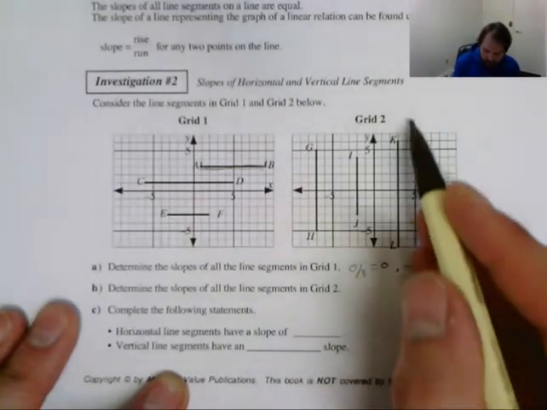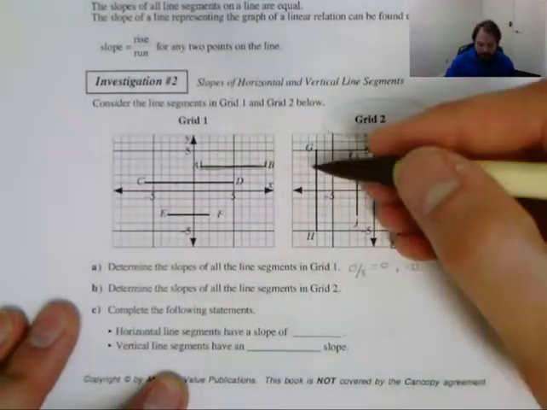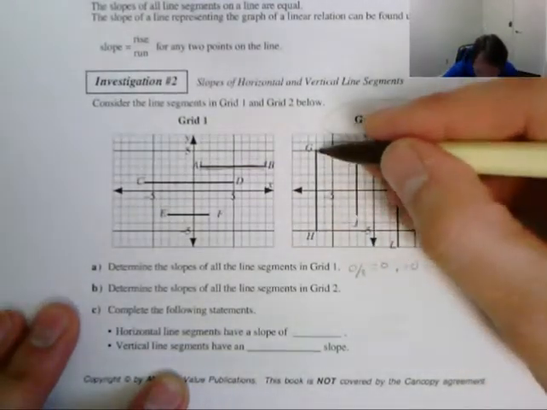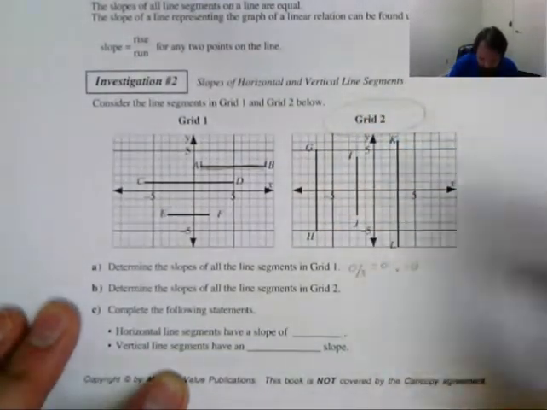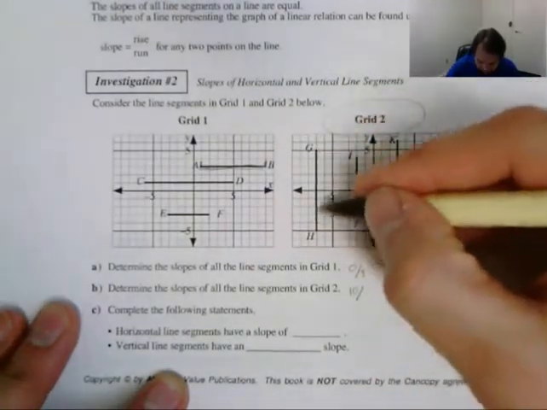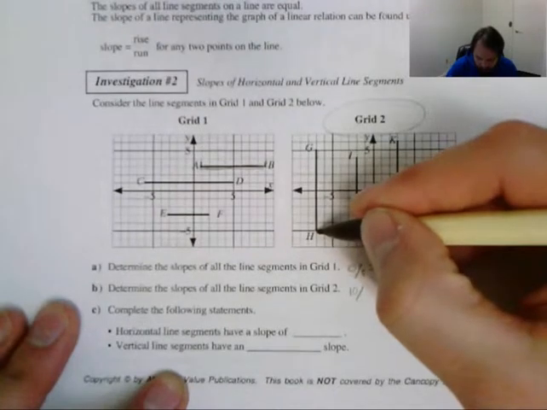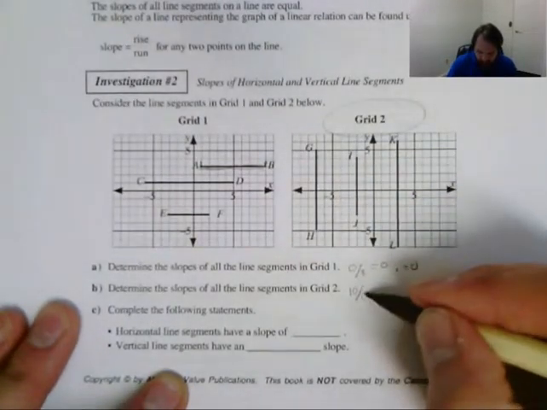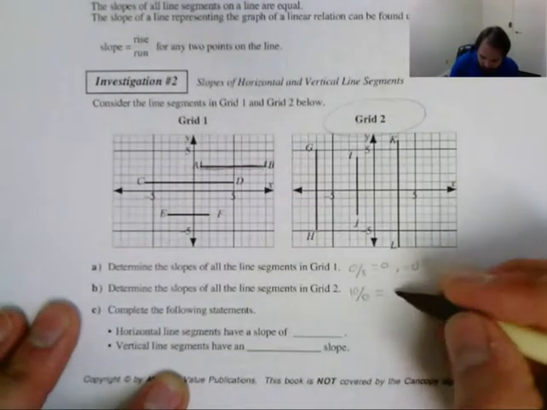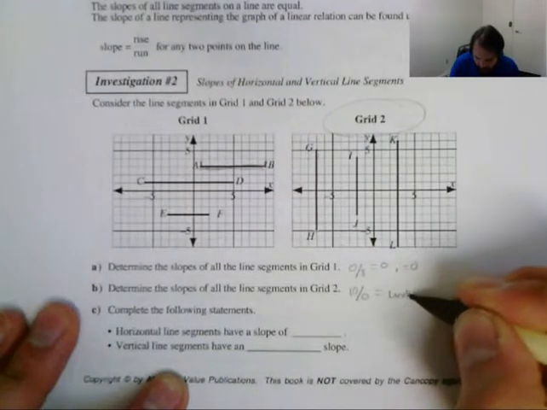The next one here, grid 2, we are looking at vertical lines. So in this case here, we have a change of altogether 10. And now we're dividing this by, well, there's no change in x, so that's 0. Now, anytime we try and divide by 0, what do we get? That's impossible to do. So this is going to be called undefined.